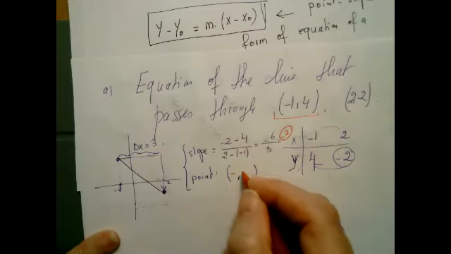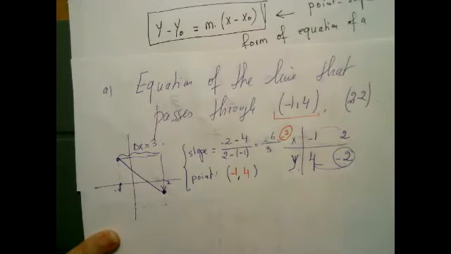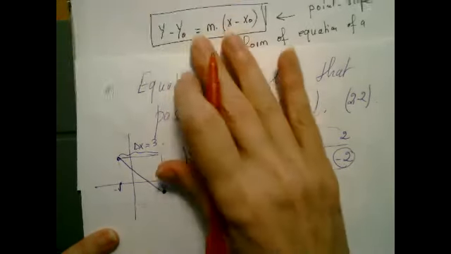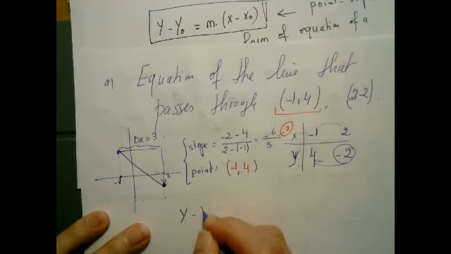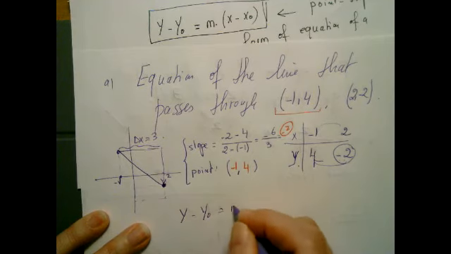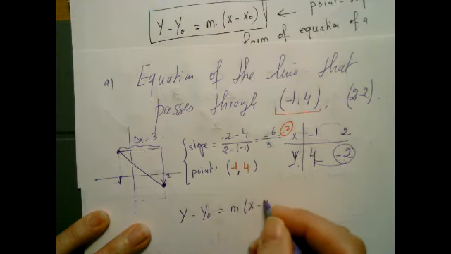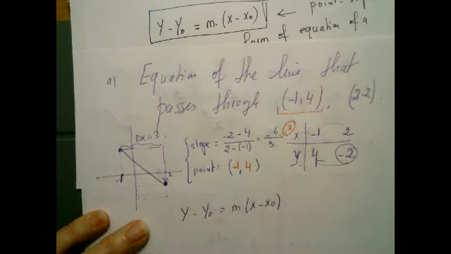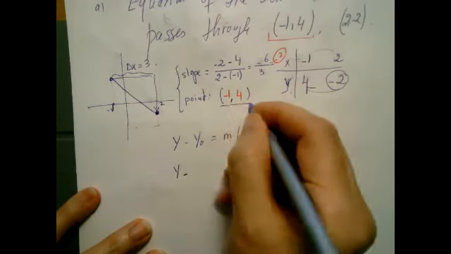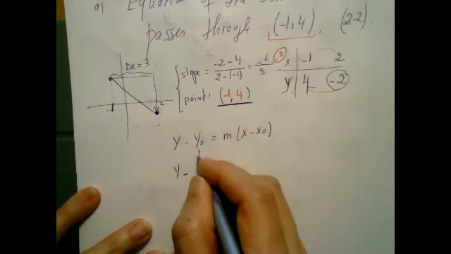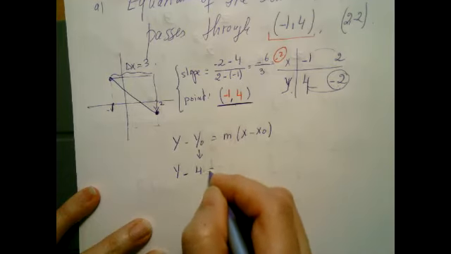So let me pick this one, minus 1, 4. You don't have to pick this one. If you pick another one, you get the same value. And now what is my equation going to become? So the equation would be, verbatim, y minus y0 equals m times x minus x0. So let us replace. This is my point right there, this is 4.